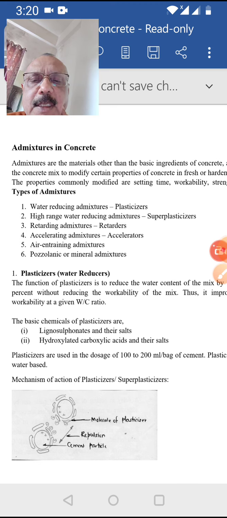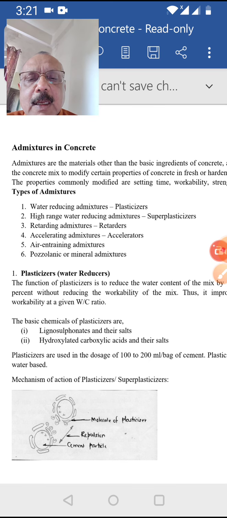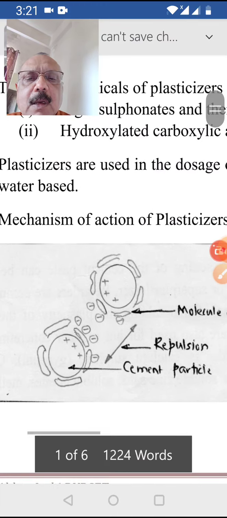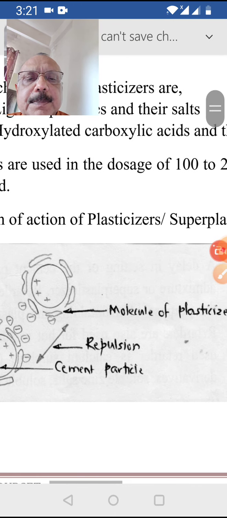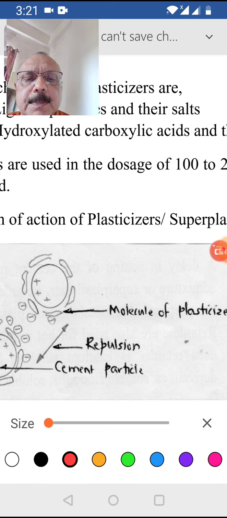Now let us see the mechanism of action of plasticizer. Even for the next admixture, that is super plasticizer, it is more or less the same. If you concentrate on this cage, I would like to explain with this cage.